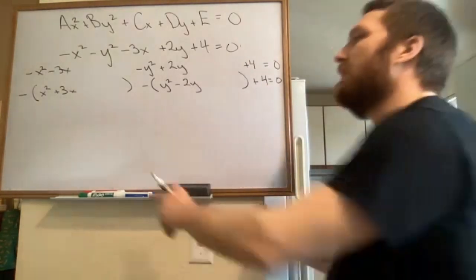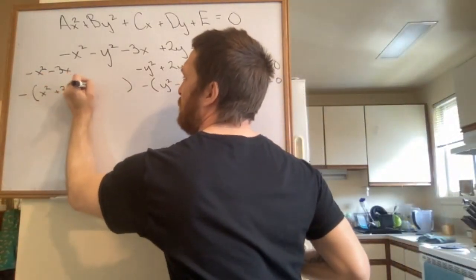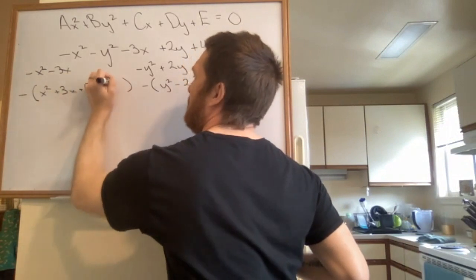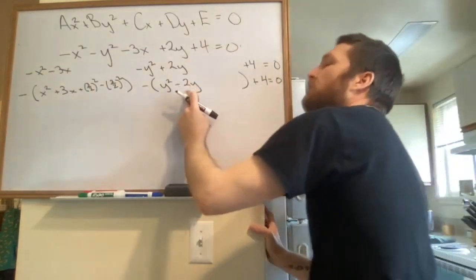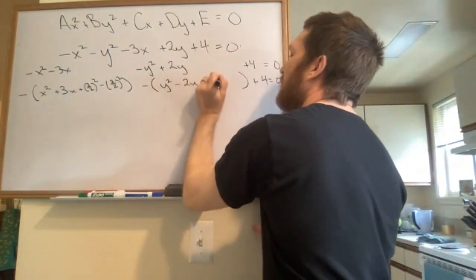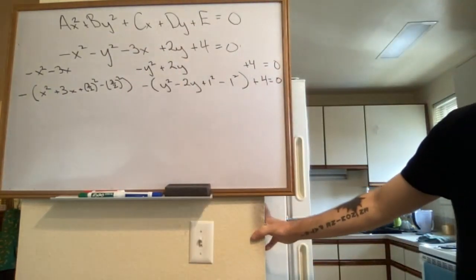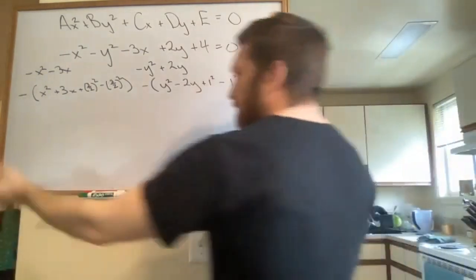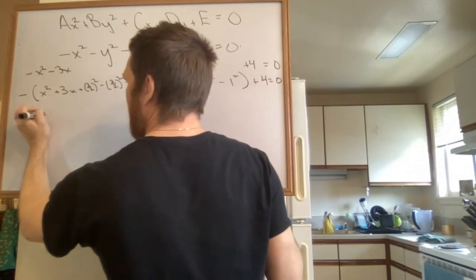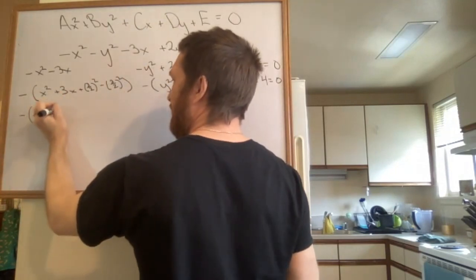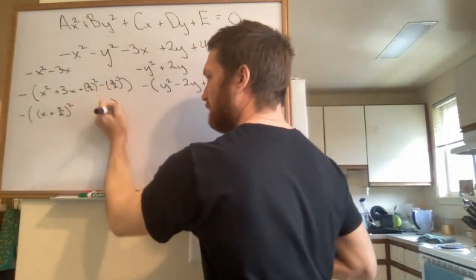So now I'm going to take half of this number, square it, add it and subtract it. So that's 3/2 squared minus 3/2 squared. Half of, oh, that's nice. Half of 2 is 1. So I'm going to add 1 squared minus 1 squared. Too easy. Okay, now let's actually complete the square. This is going to be an x plus 3/2 quantity squared.